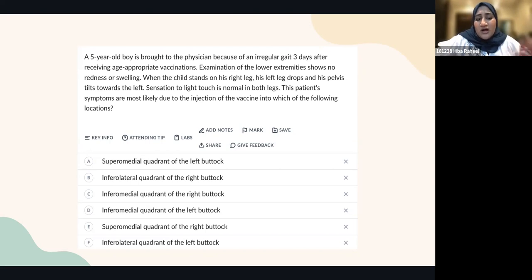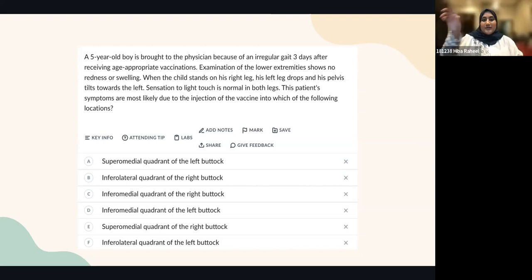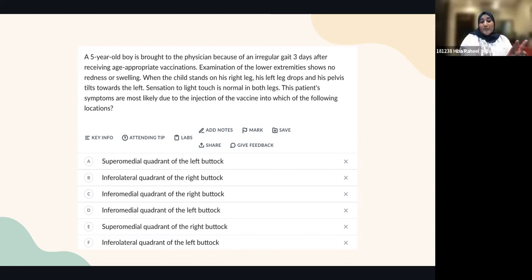So commonly the vaccination is given in the superior medial region, right? Because that's the safest region. But isn't it sometimes the upper outer quadrant? Exactly, the upper outer quadrant. So which would be the answer? Superior lateral, it should be. No. Superior medial quadrant is the quadrant that you give the vaccination in.